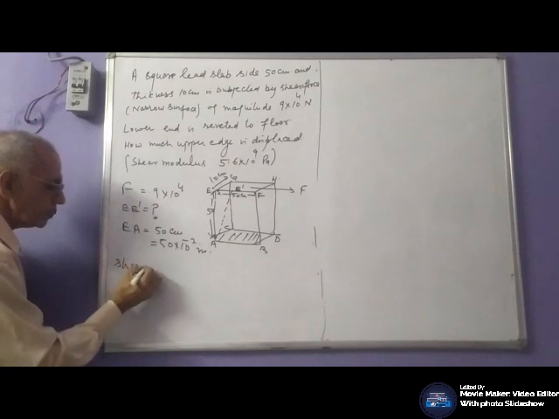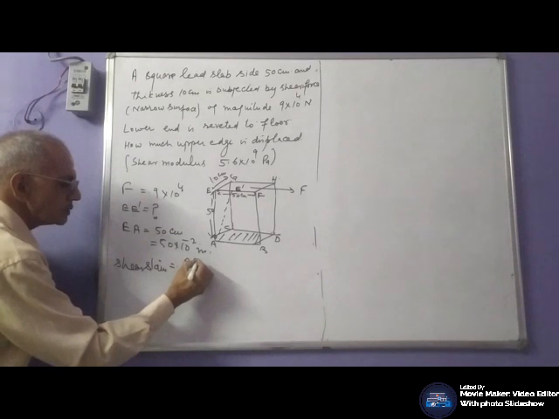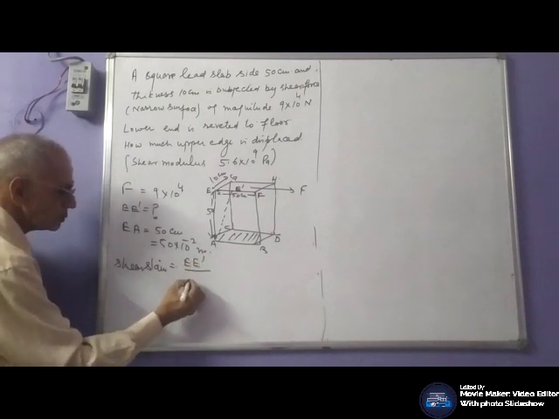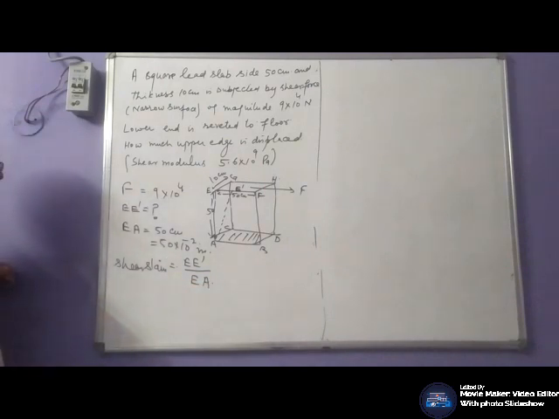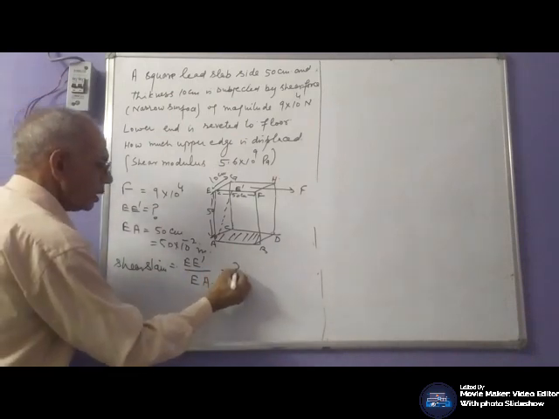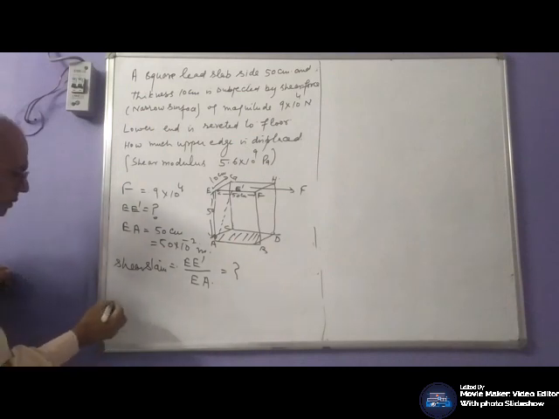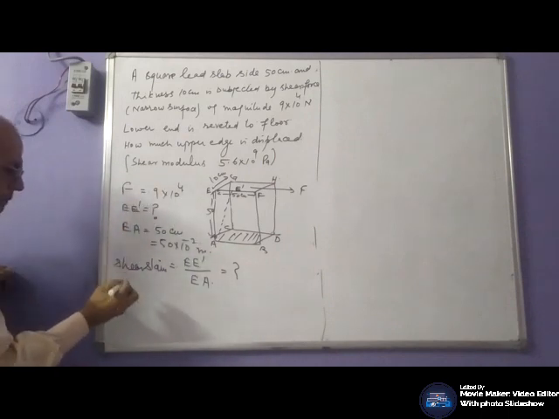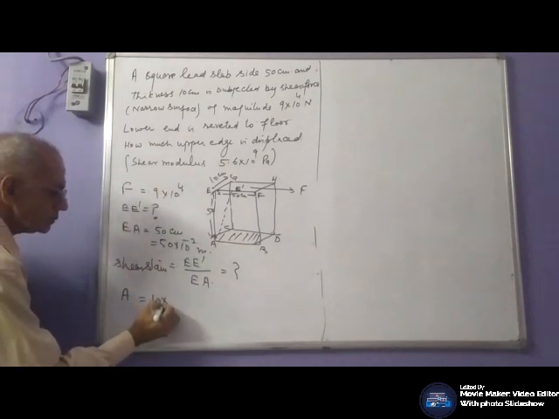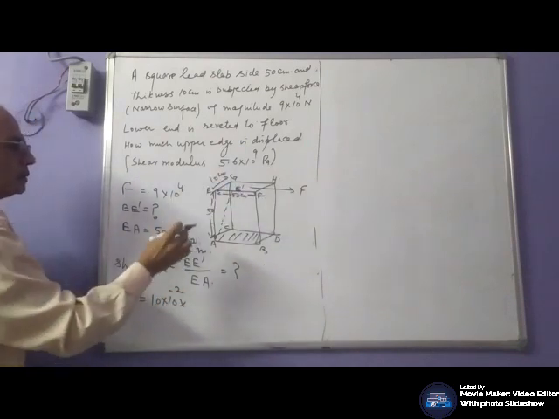Shear strain, change in configuration, E E dash over EA. We have to find E E dash. The area on which this force is acting is this into this.